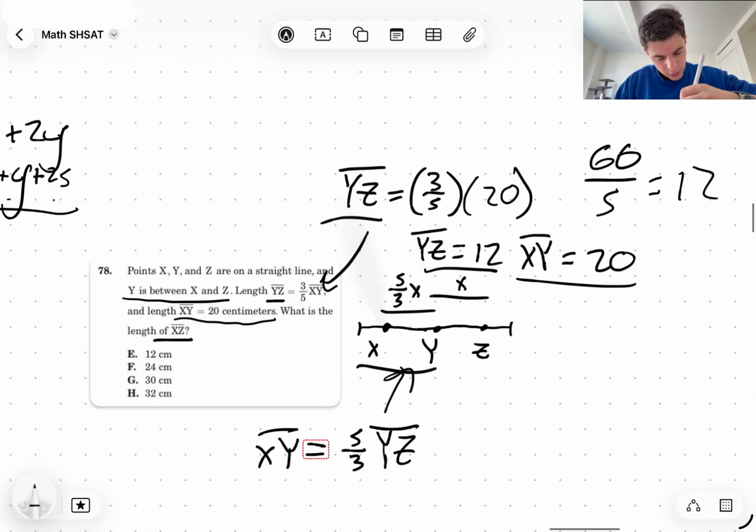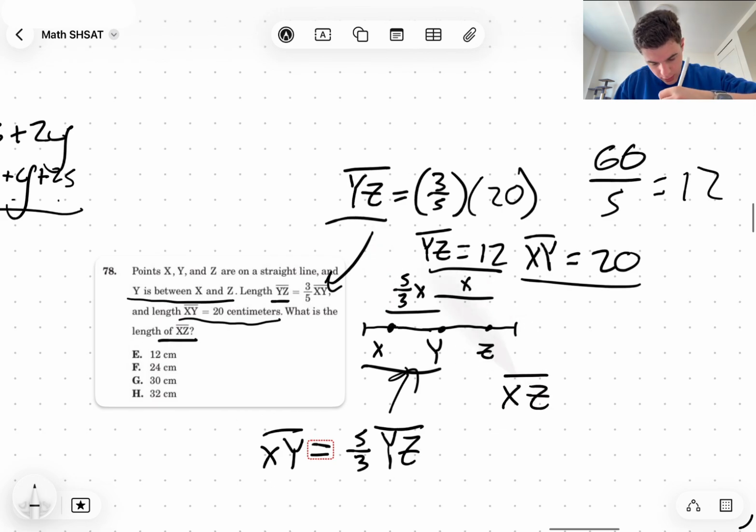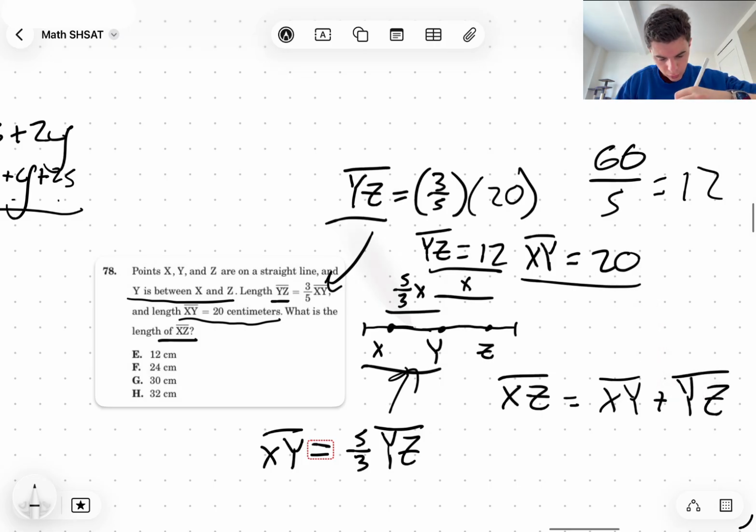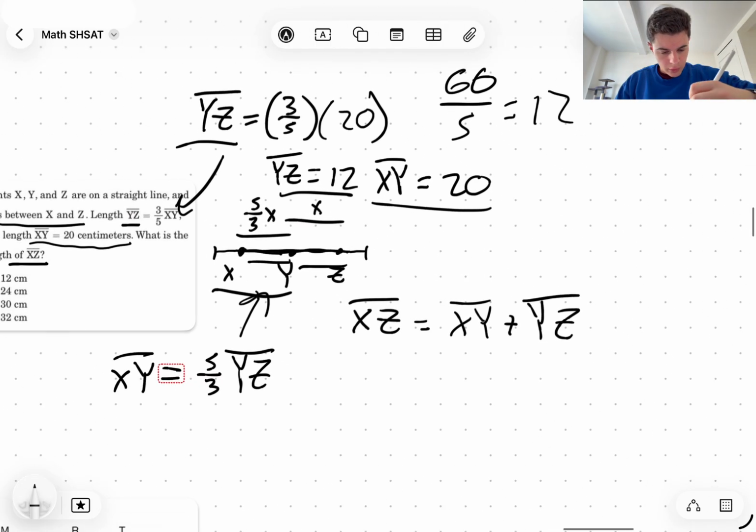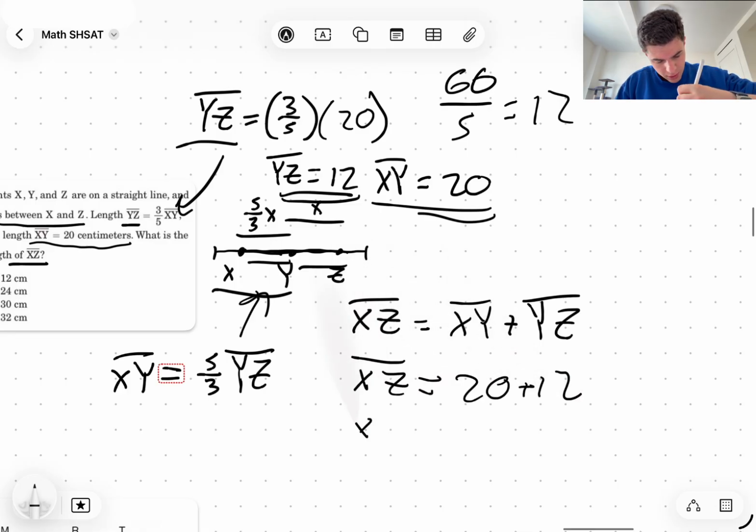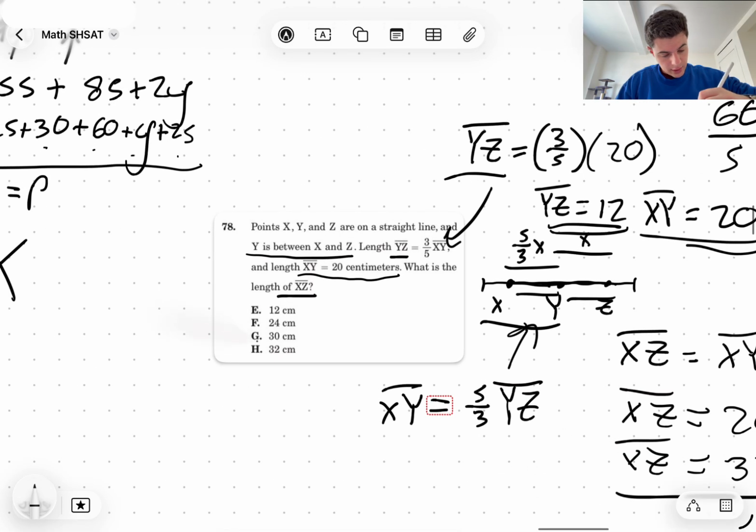So xz equals xy plus yz. This whole distance is equal to this distance plus this distance. So xz is going to equal 20 plus 12. xz is going to equal 32. And see, I almost fell for that. You could fall for that too, by just finding the distance. You need to be careful and really read the questions closely.